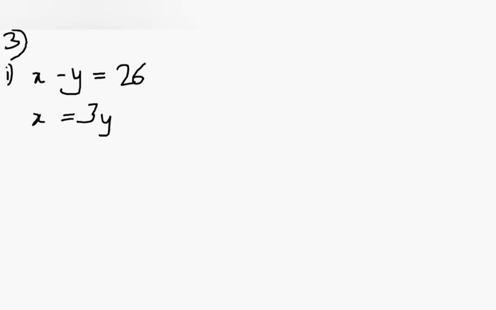If you do not write which object you are considering to be x and which to be y, then you will face a problem, because the teachers or correctors or supervisors won't understand which object you have chosen as x and which as y, so they won't give you marks. Don't forget about writing that. Now you can solve it right away here, because x is equal to 3y and you know x minus y is equal to 26. So you substitute 3y in place of x.